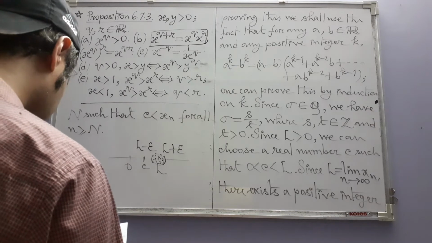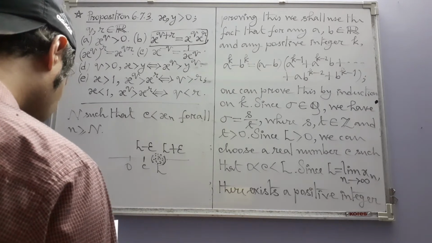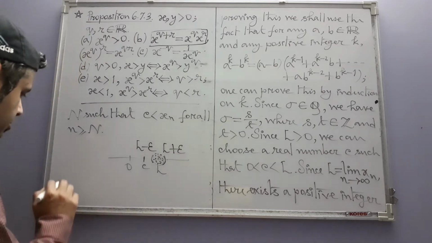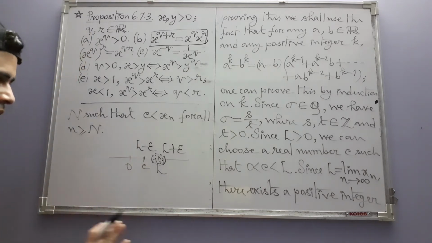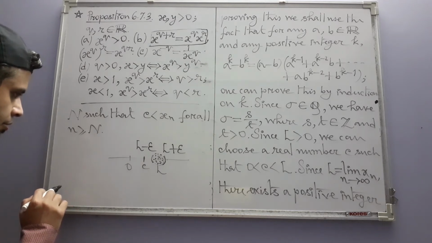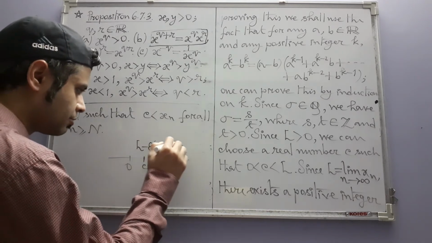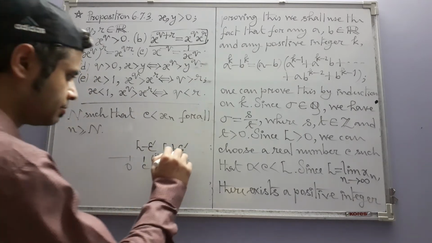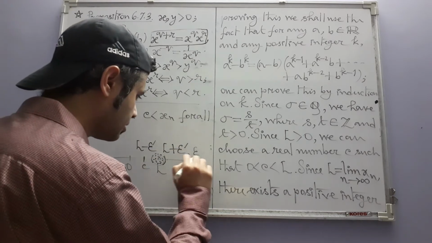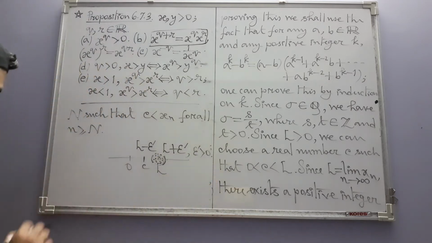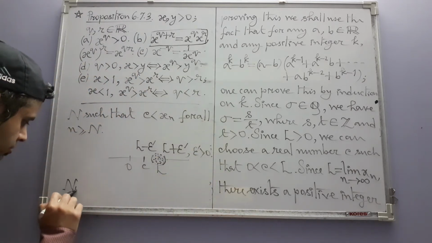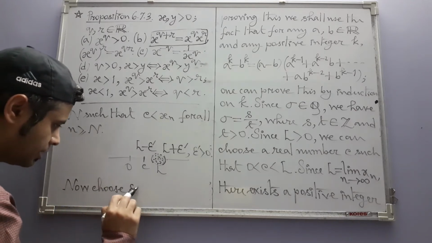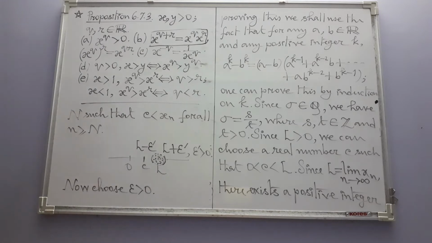Right, so now what is the consequence of all these things? Let's just keep this figure. To avoid confusion, let us take this to be epsilon prime, because we are now going to choose epsilon. Now choose epsilon to be a positive real number, any positive real number.